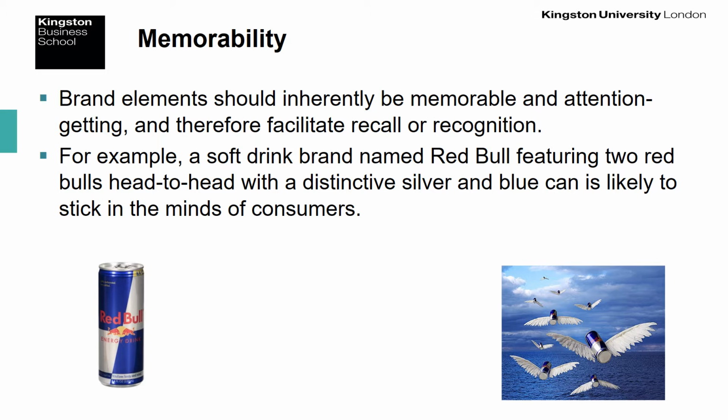So Red Bull is a good example to use here, because I think you'll agree the brand elements certainly are memorable. We can see on the left here the standard Red Bull can. This is not actually the can shape and design that is used in every part of the world, but it is the most commonly used packaging for Red Bull. It's a bit different in China, for example. But the brand elements here are very distinctive.